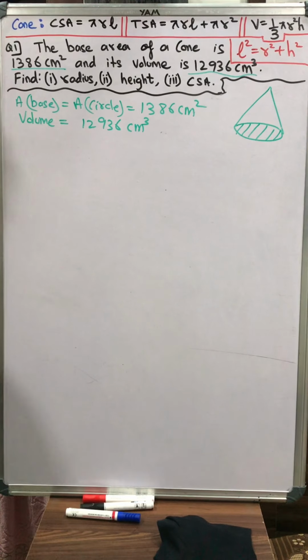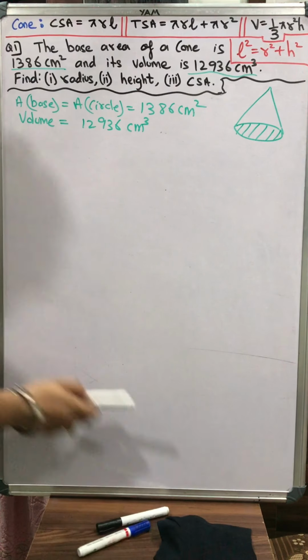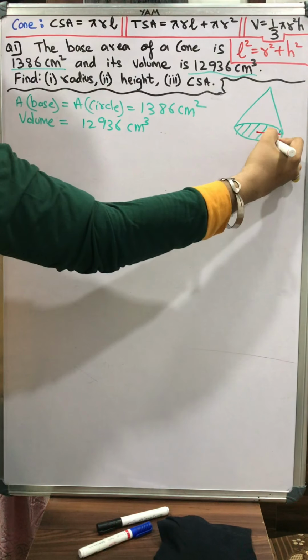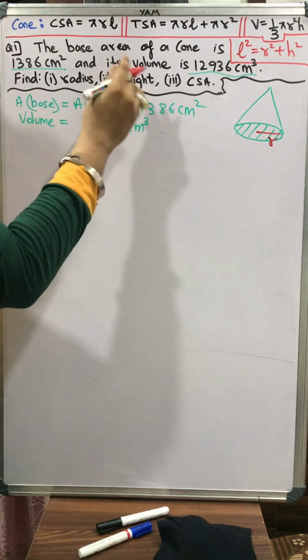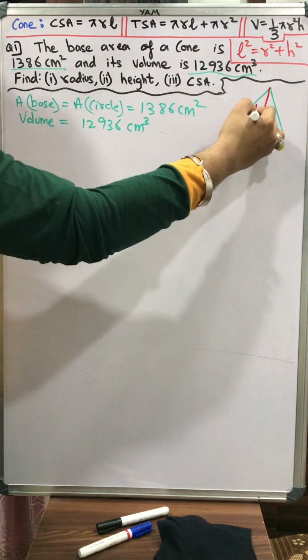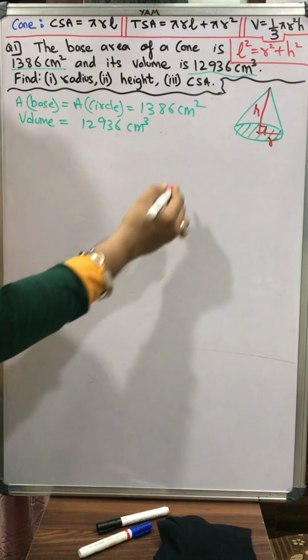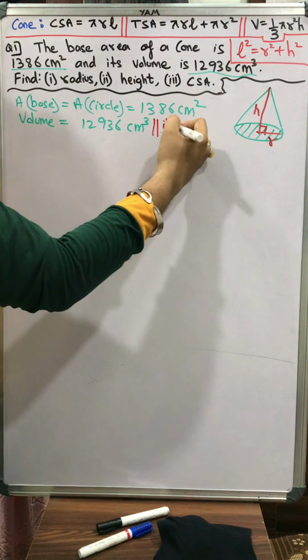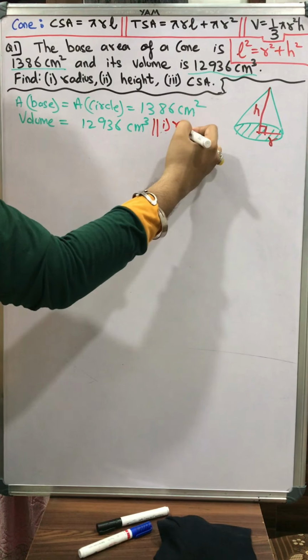Now students, what things are asked? Now see, a radius, which is always this, radius r is asked. Height, only height is mentioned. That means they are asking about the perpendicular height. This h is asked and the curved surface area is asked. So students, over here, the first thing I will say, radius is asked.